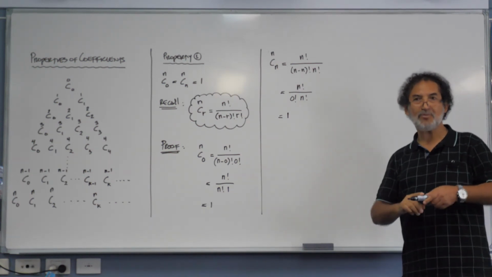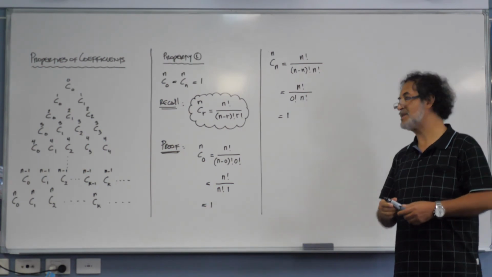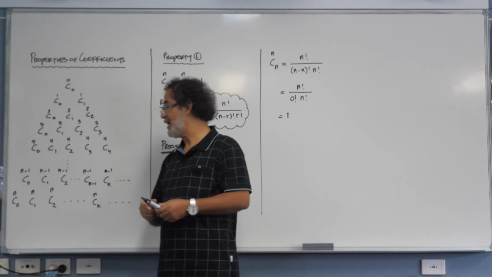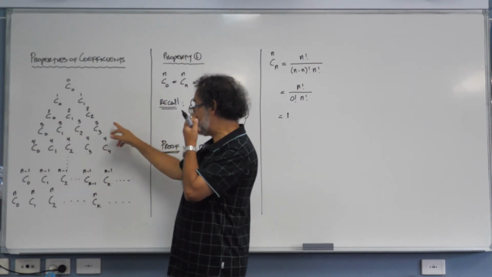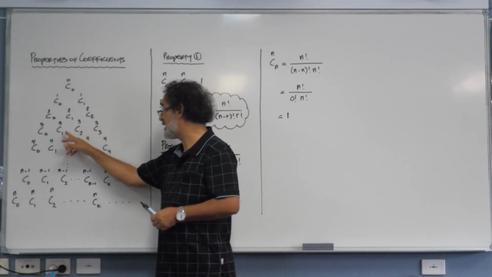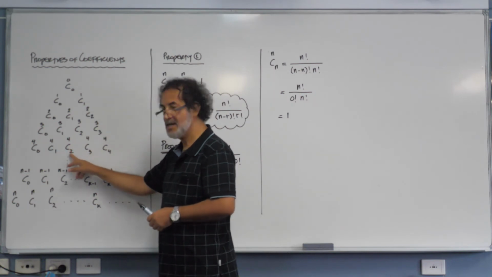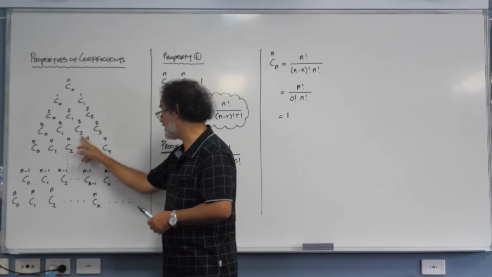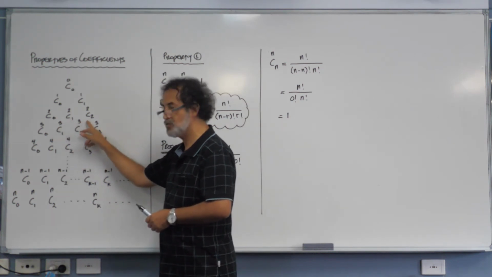Okay, but the next property is not that simple. But it's still very, very easy to understand what is going on. Do you remember that this number here, for example, is the sum of these two? I mean that this one is the sum of these two.